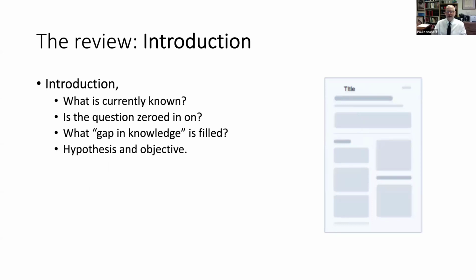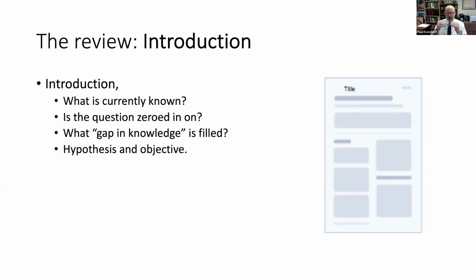Okay, the introduction. I know personally I always enjoy reading the introduction because it's a great snapshot of what's known and where this paper is going in terms of scientific discovery. And really as a reviewer, you should be assessing how that's described and identifying whether the research question is really zeroed in on.